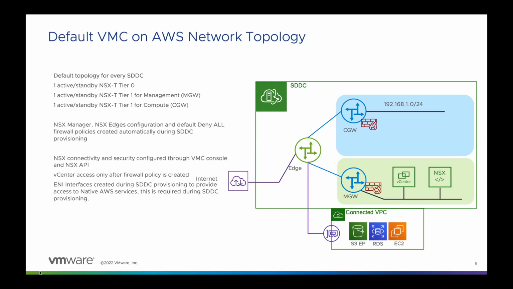Your management appliances, your vCenter, your NSX manager, those will be provisioned on the management gateway, which is another tier 1 router. And again, these routers have communication from east to west. As you can see at the bottom in the purple, the connected VPC, that's your ENI, that 25 gig connection into your AWS environment. And those will be your native AWS services running in that connected VPC.